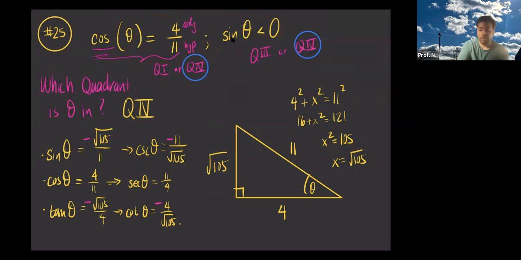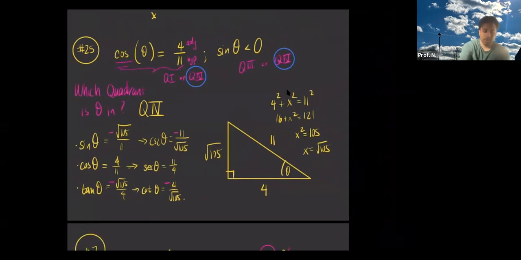So if you figure out what quadrant you're in, then you're able to figure out what trig functions are negative. Once you figure out which ones are negative and which ones are positive, then you can use the Pythagorean theorem to find the missing side. And once you have the missing side, setting up the ratios should be just by looking at the triangle. So try it again, Daniel. I'm sure you'll figure out what the answer is.